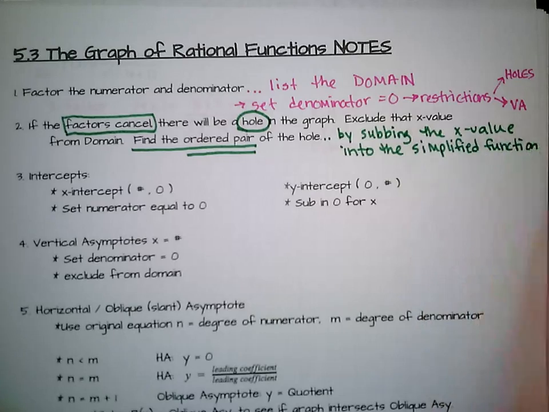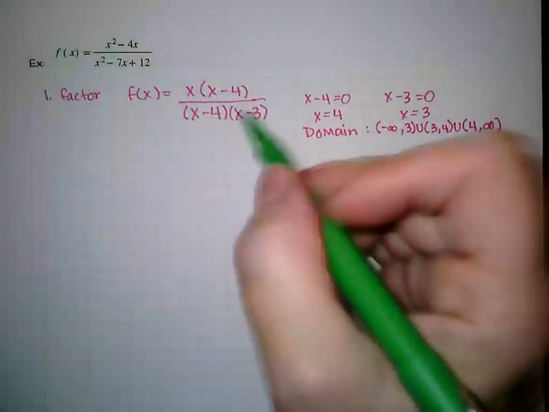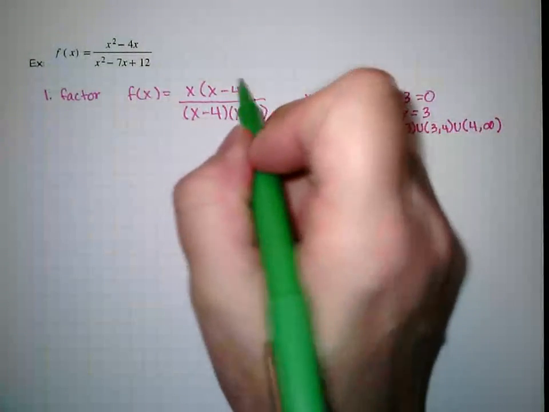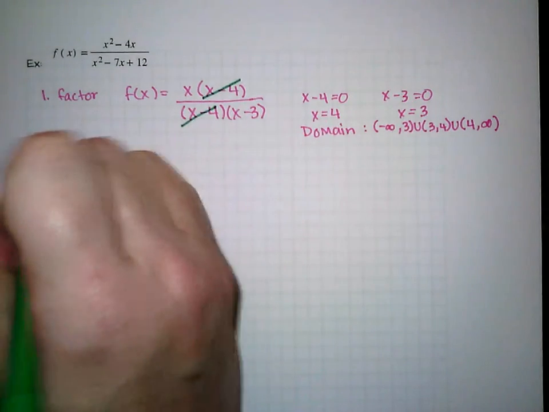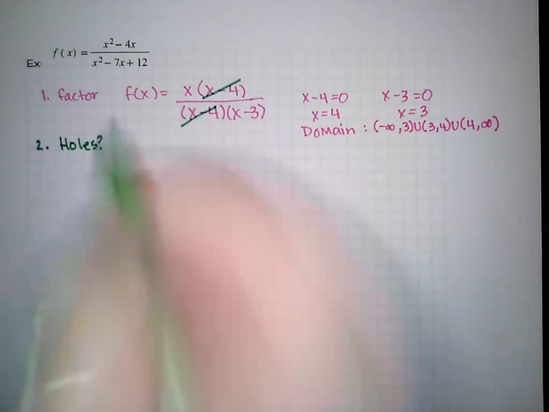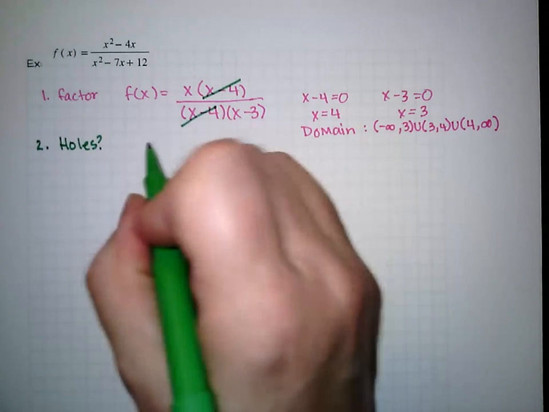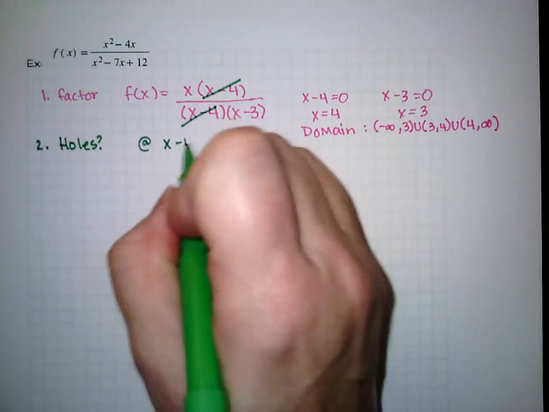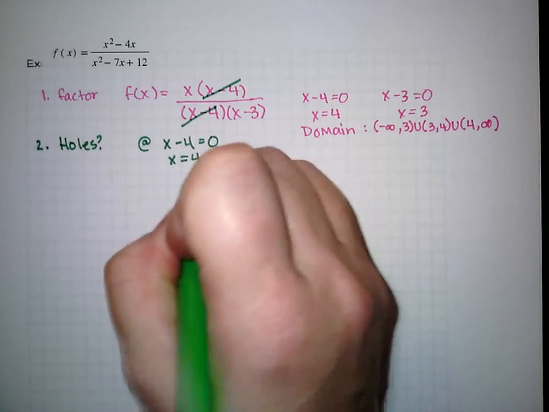Okay, so let's practice because our function actually has a factor that we can cancel out. So our step 2 is holes. And we found that by canceling out x minus 4. So we go x minus 4 equals 0. So we have a hole at x equals 4.